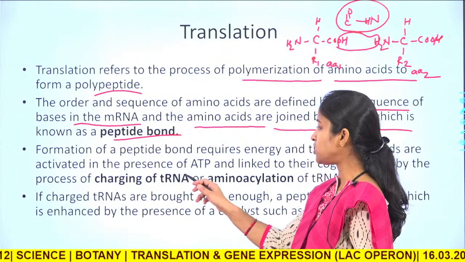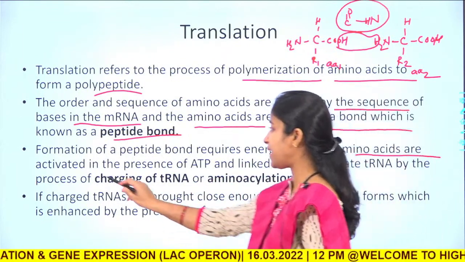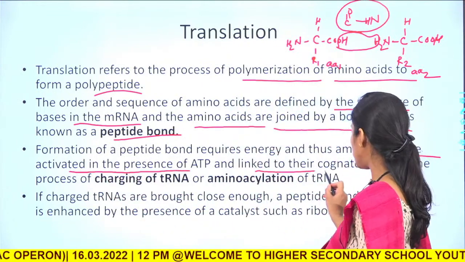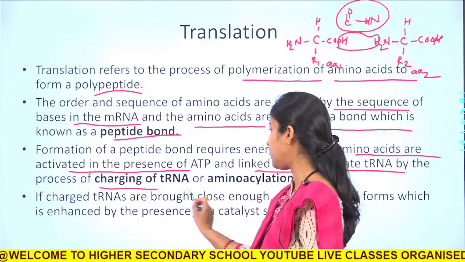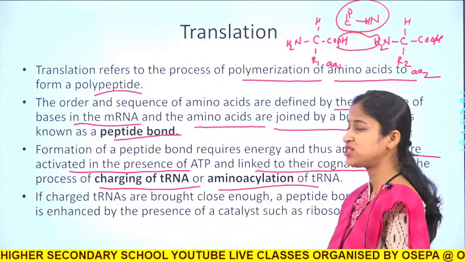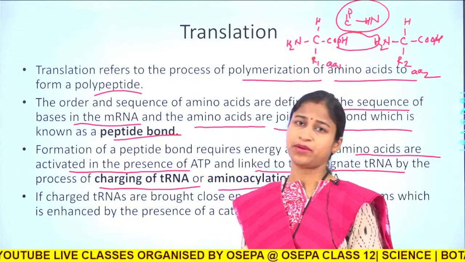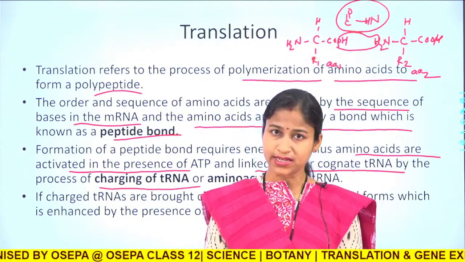The formation of a peptide bond requires energy, and thus amino acids are activated in the presence of ATP and linked to their cognate tRNA by the process of charging of tRNA or aminoacylation of tRNA. Obviously, any bond formation requires energy.